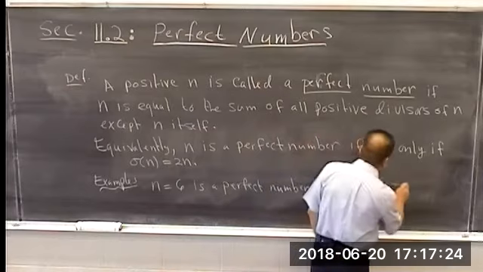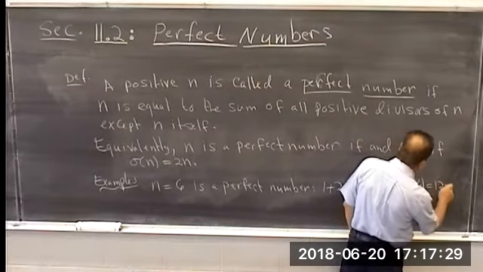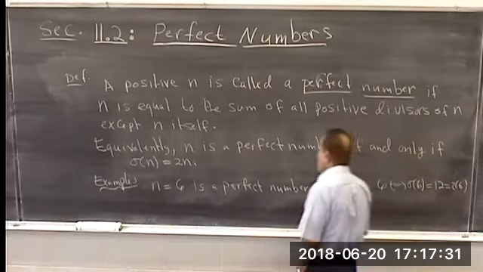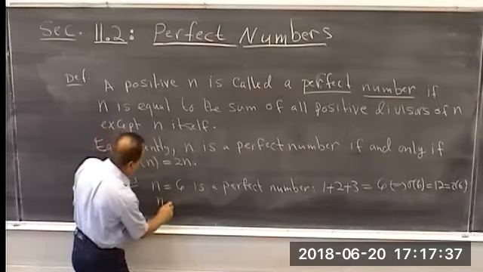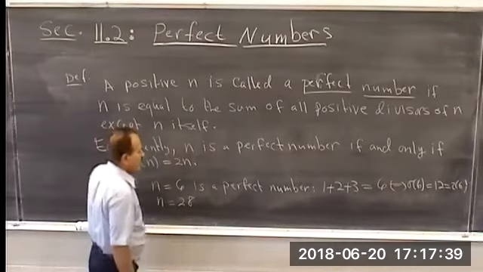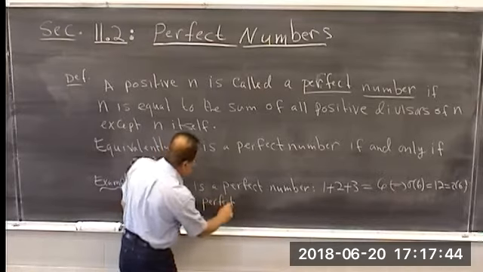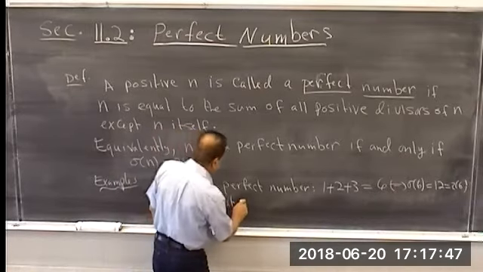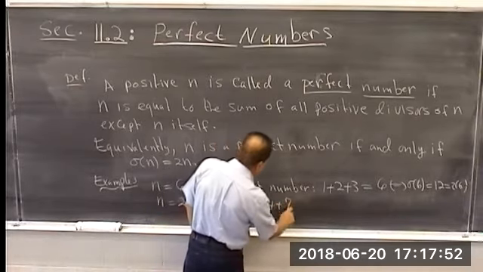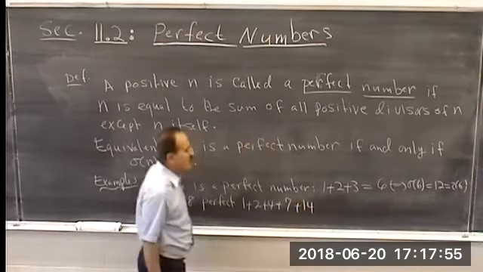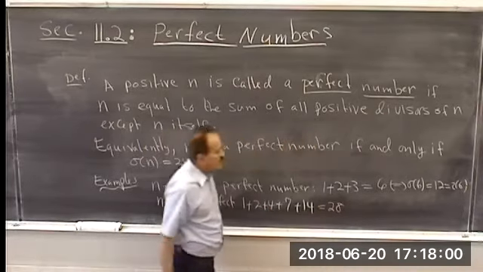Or equivalently, sigma of 6 is 12, which is twice 6. The next perfect number is 28. The positive divisors of 28 are 1, 2, 4, 7, 14, and 28. So the sum of the proper ones is equal to 28.